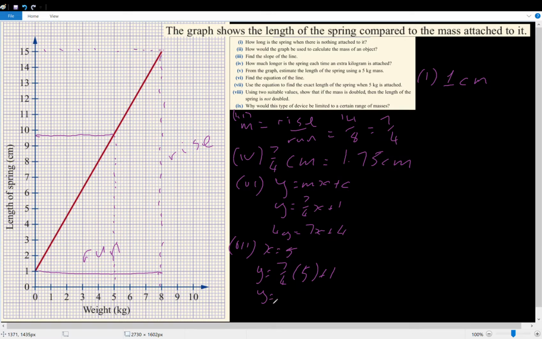So y is equal to 35/4 plus 1, which is equal to 39/4. And if you tidy that up, that's going to be equal to 9.75 centimeters. So that's how we work out our y value when x is equal to 5 from this. Or in other words, we find the length of spring when the weight of 5 kilos is attached.